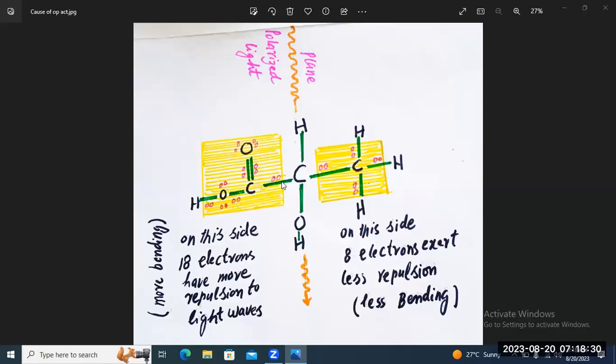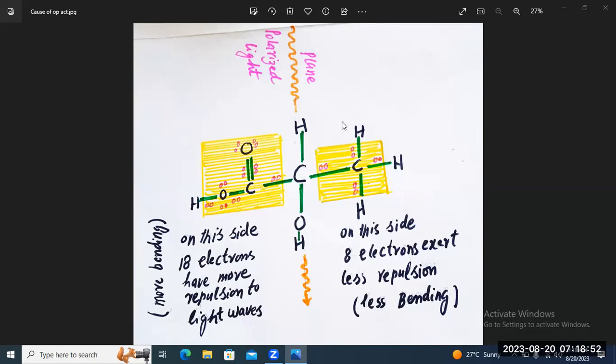In order to show the cause of the optical activity in the chiral molecule, here we can depict it by this sketch. For example, this is plane polarized light coming to the molecules which are chiral in nature.